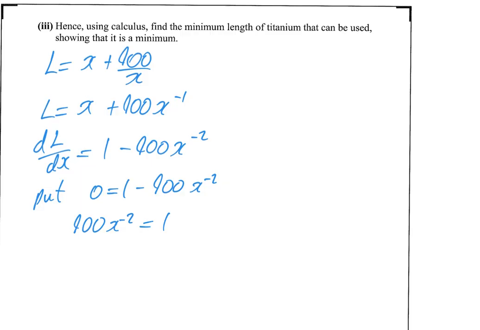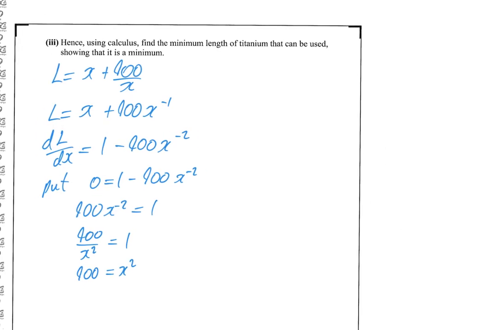And you can then write that, it makes it a wee bit easier if you write it back as 900 over x squared is equal to 1, which means 900 is equal to x squared. And then that means x is equal to the positive or negative square root of 900. But it's only going to be, I think it was millimeters, wasn't it?